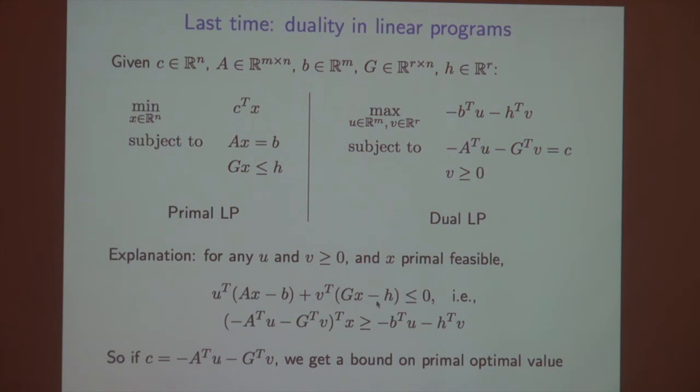Gx is component-wise less than or equal to h, so this part is less than or equal to 0. Therefore, for any u and for any v that has non-negative components, if you add these two things up, it's going to be less than or equal to 0. So we were generating new linear constraints by taking linear combinations of existing constraints. Constraint generation, that's how we thought of it.